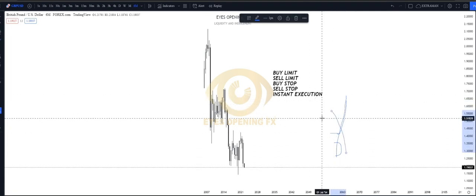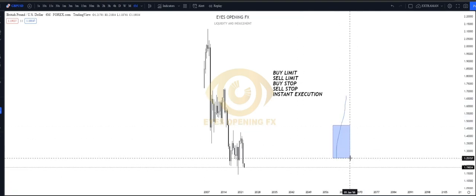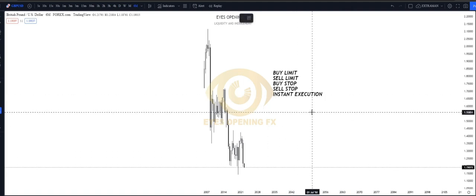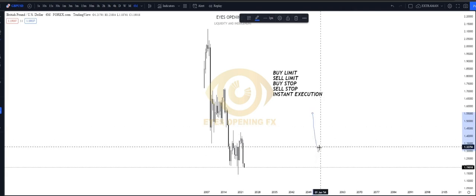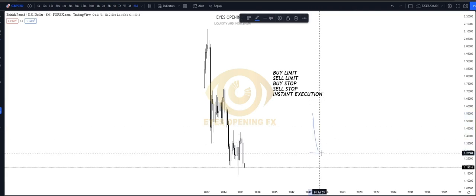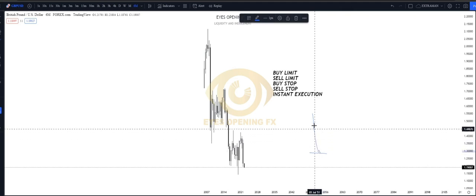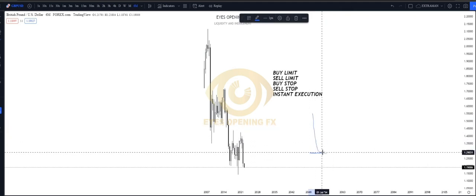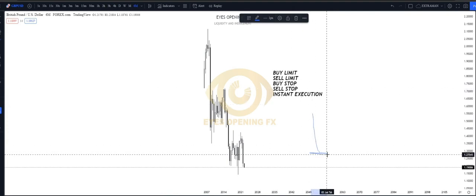The same thing for sell stop. Sell stop means if, let's say, the market is selling, and you are not too sure if it will get to this level. If the market goes below this low, that means it will continue selling. So you set your sell stop at this very particular level.